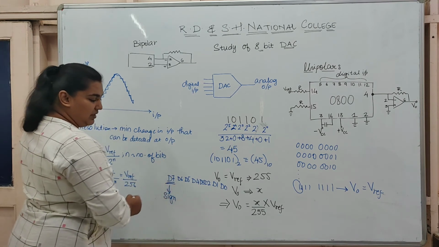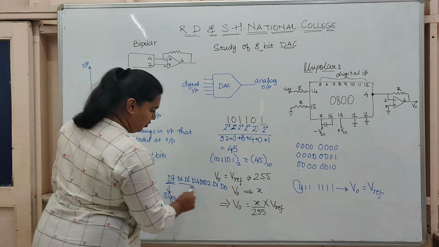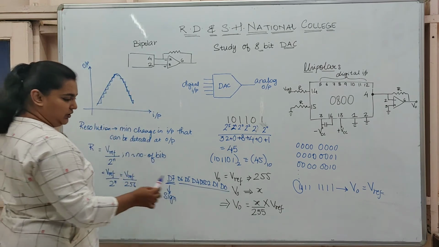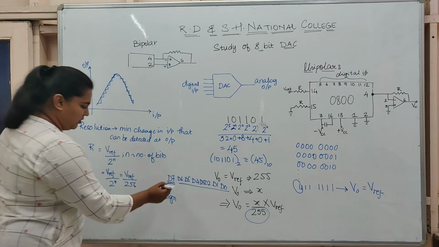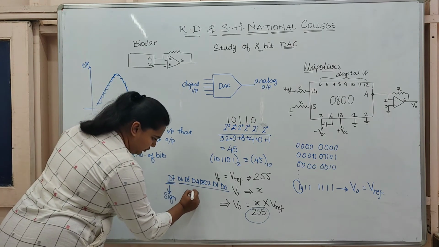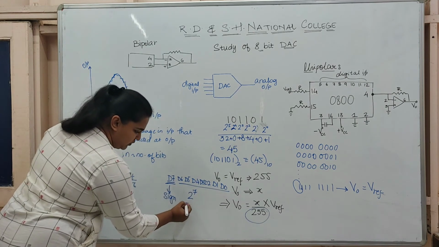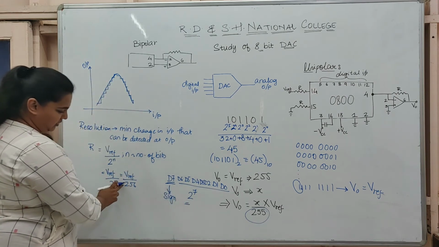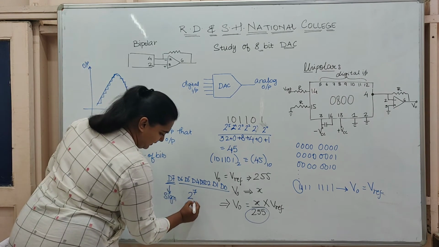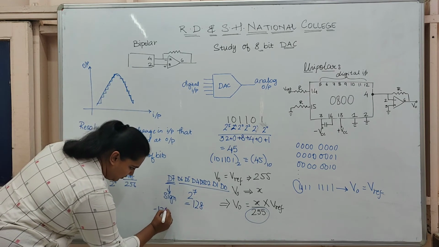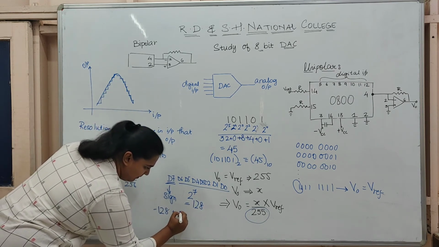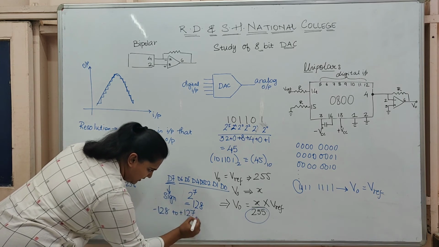But that means my number can only go up to 7 bits. So the highest value will not be 255 anymore, because I can only go up to 2 raised to 7, which gives me, instead of 256, now 128. So I can go from minus 128 to positive 127.